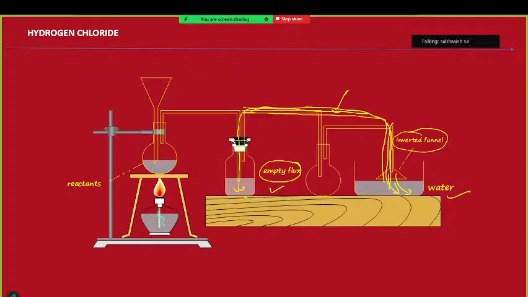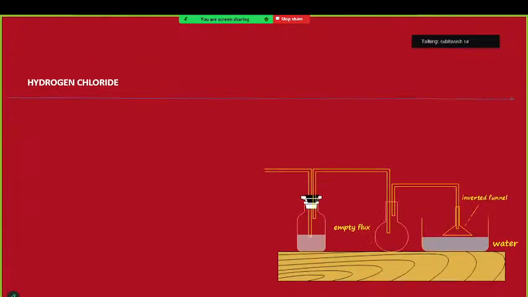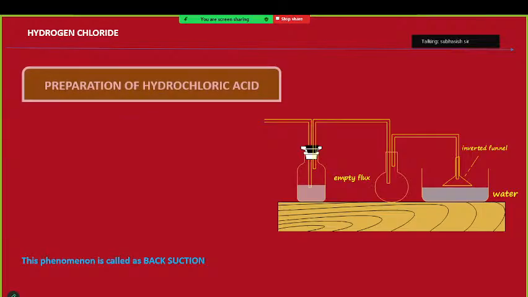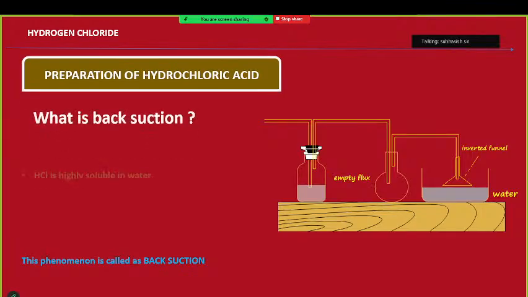So in order to avoid back suction, a special type of funnel arrangement and also some empty flask is used. So here, what is back suction?